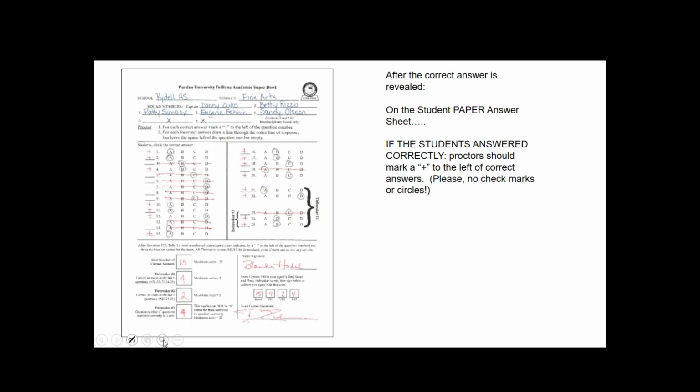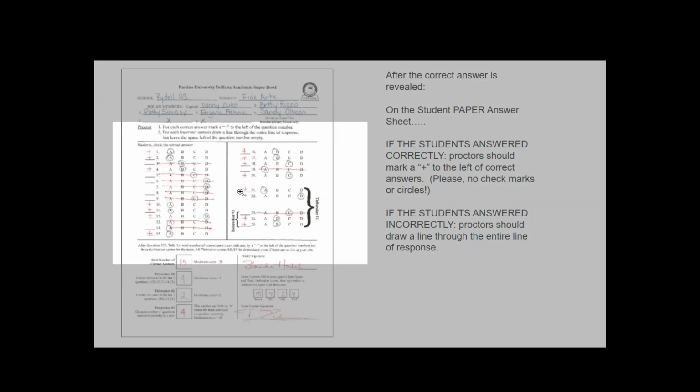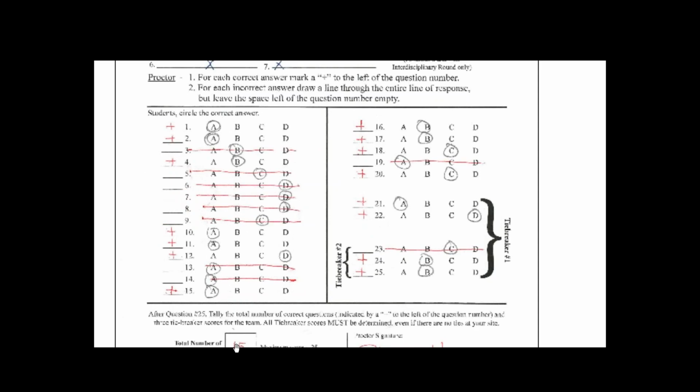So if the student answered correctly, you as a proctor should just simply mark a plus to the left of the correct answers. Please, no check marks, no circles, nothing, just use a plus. If the students answered incorrectly, you should draw a line through the entire line of the response. Please don't draw the line through the answer spot at that point.